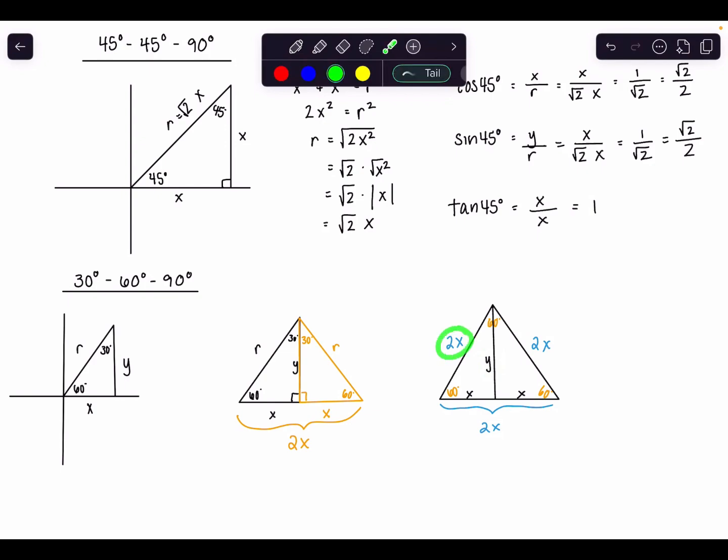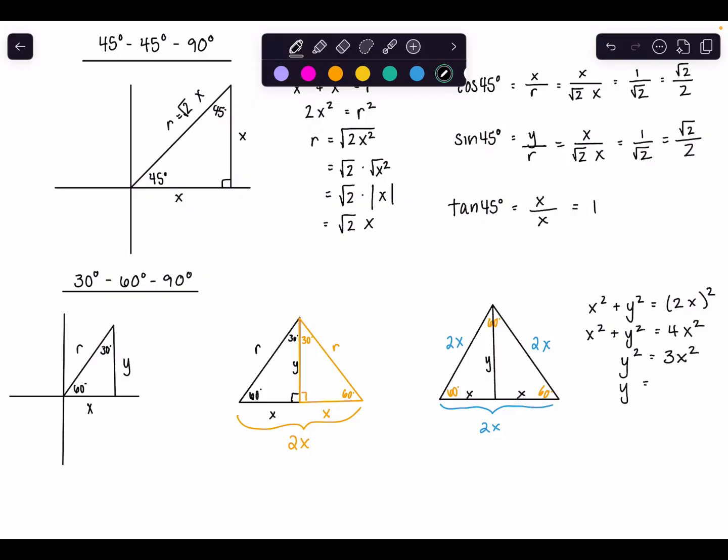And now that I know my hypotenuse in terms of x, I can go ahead and use the Pythagorean theorem. So x squared plus y squared has to equal my hypotenuse squared. Well, 2x squared is going to be 4x squared, which then if we move this x squared to the other side, that gives us y squared is 3x squared.